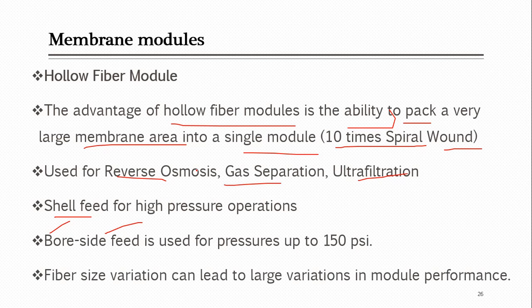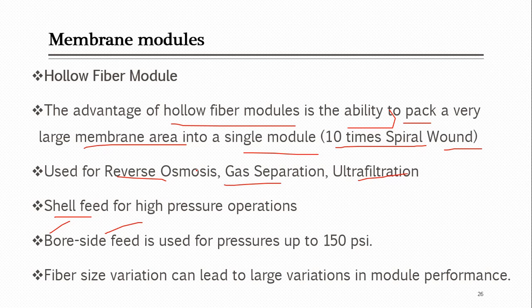Fiber size variation can lead to large variation in module performance. When fiber size varies, there will definitely be variation in module performance, because if the fiber size is large, you can pack only a small number of fibers inside that module, and the surface area will be less.